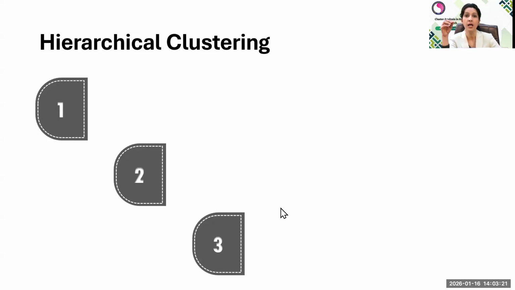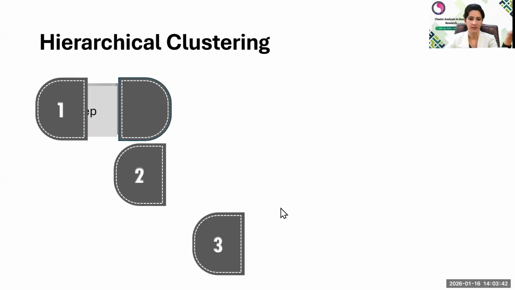Now the second is hierarchical clustering. Hierarchical clustering doesn't give you a clear-cut partition. It keeps on merging based on distance, and ultimately it merges all the people under one cluster.